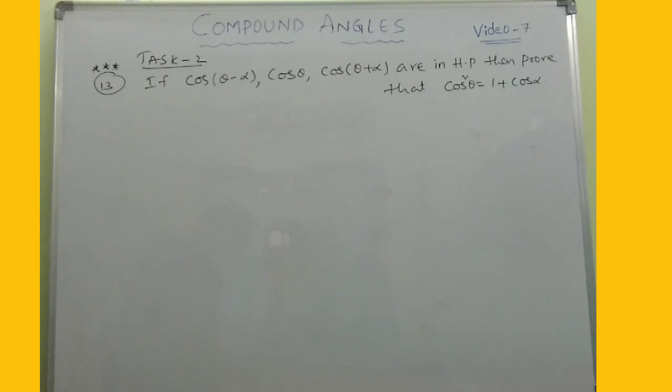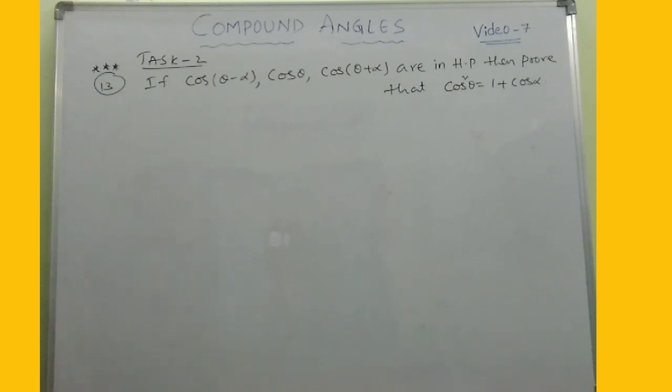One of the important models as well as most important questions also. See the question here. If cos of (theta minus alpha), cos theta and cos of (theta plus alpha) are in harmonic progression, then when a problem is in harmonic progression, first we need to change it into arithmetic progression, because harmonic progression and arithmetic progression are reciprocal to each other.